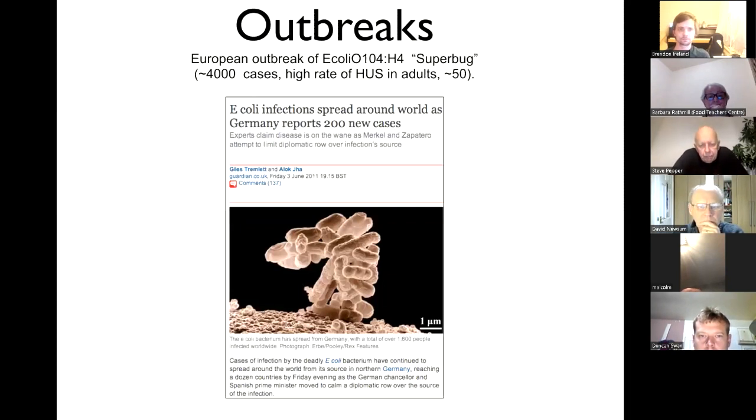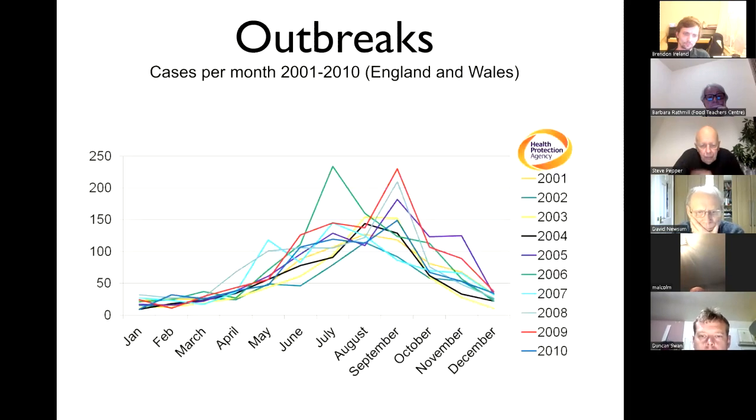Since then, there have been various other superbugs. So this was Germany reporting 200 new cases of the E. coli 104. Now, look at that graph. What does that graph tell people? Anyone have any ideas?